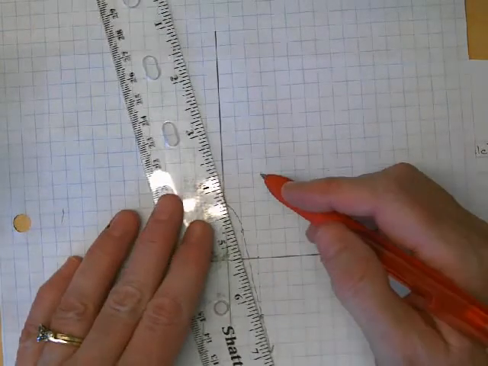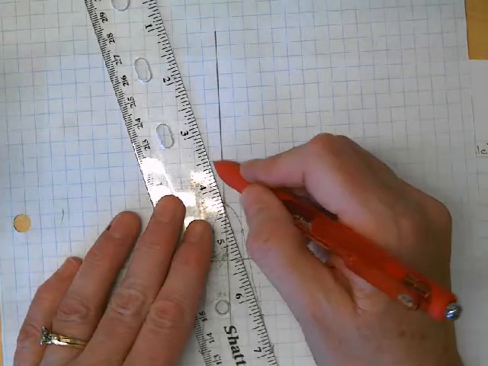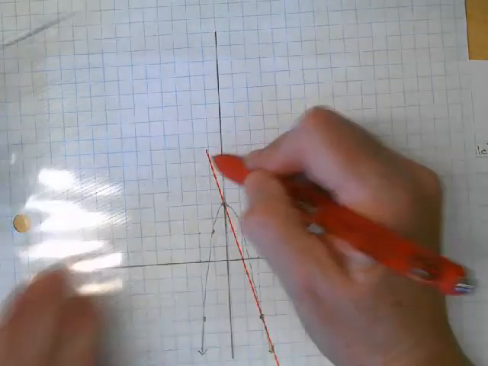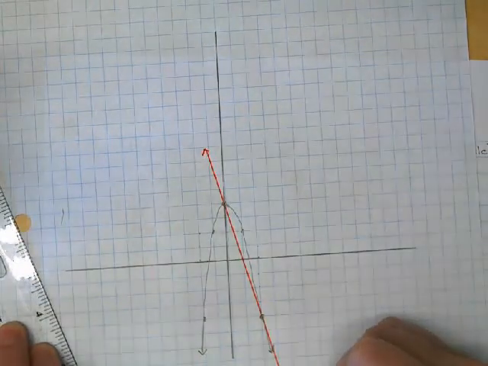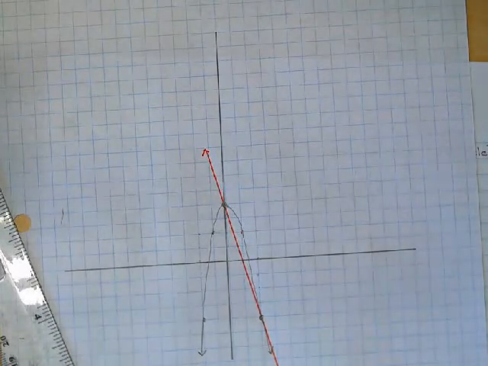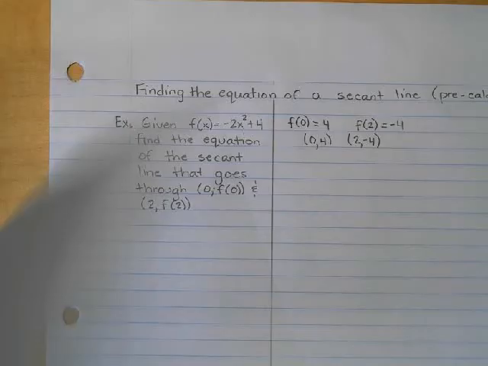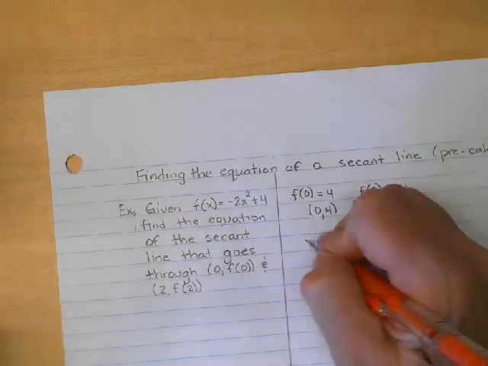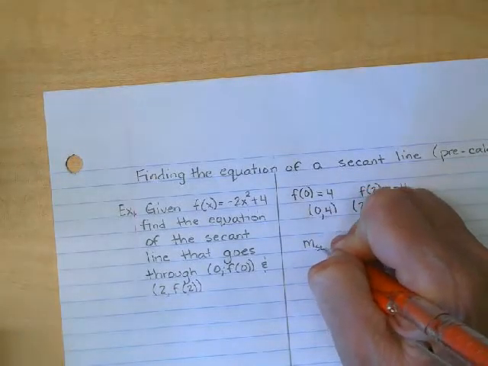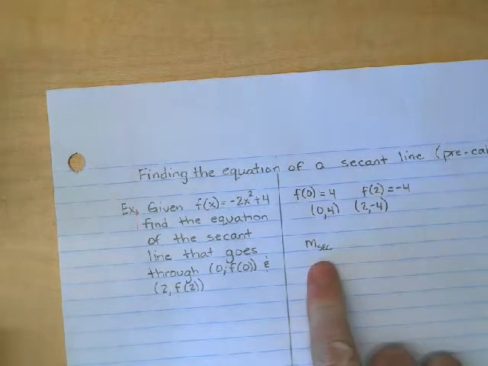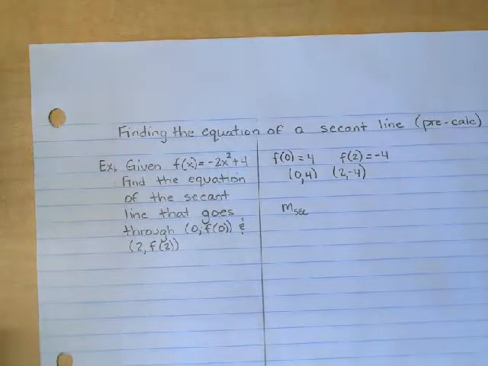Let me make it in a different color. So again, normally we don't have a graph, but I want you guys to see that I'm just doing math 1 here. Well, we know how to write an equation of a line. But I want you to start thinking that we're finding the slope of the secant line.